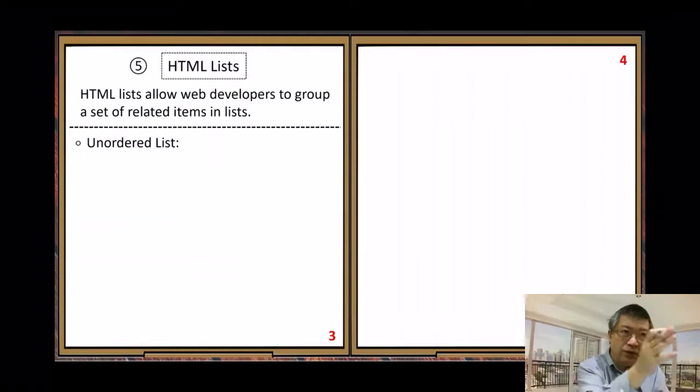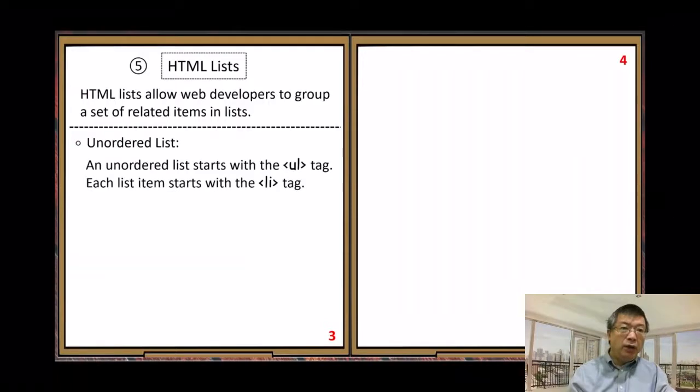Unordered lists start with the UL tag name. We just want to use a simple tag name for it: UL, unordered list, so you can memorize it easily.